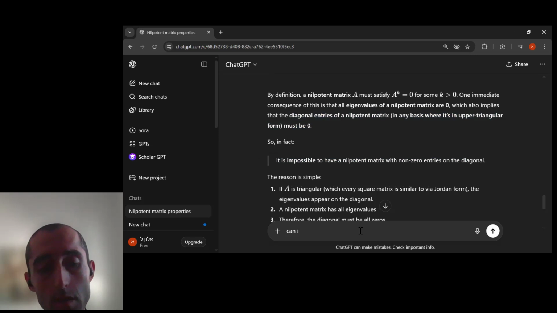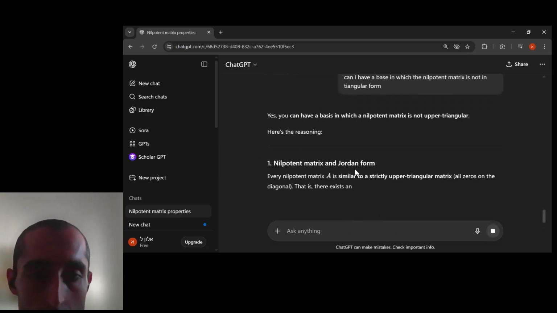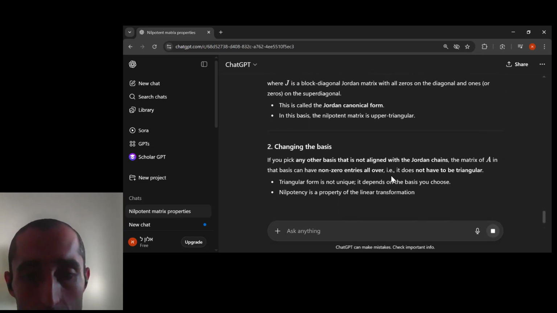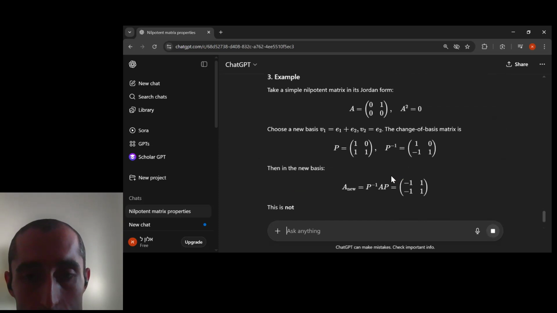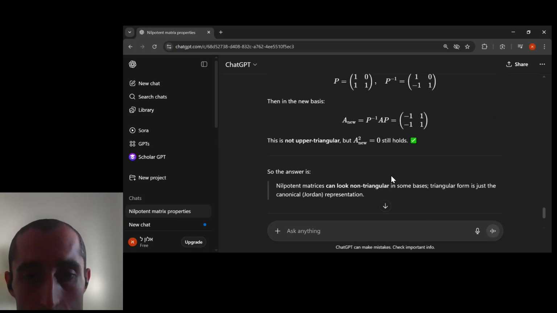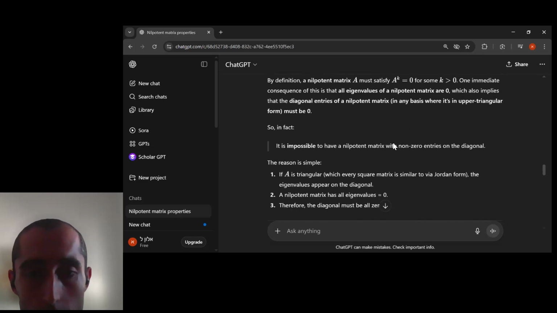So can I have a basis in which the nilpotent matrix is not in triangular form? So I can have this. As you can see, I do have values on the diagonal, but the zero diagonal is true when we are talking about a triangular form.